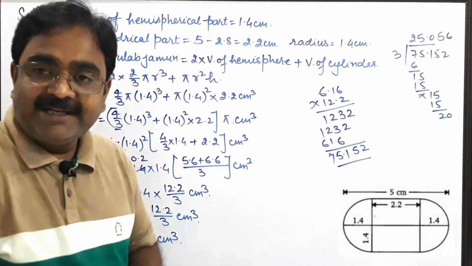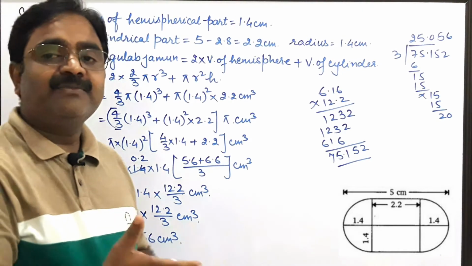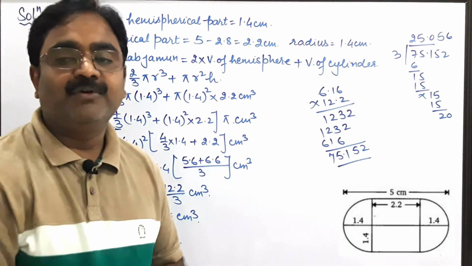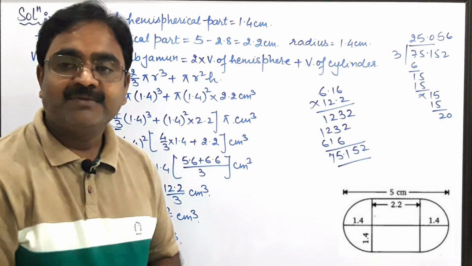So as you know that there are 45 such gulab jamuns, so we need to find out the volume of 45 such gulab jamuns.